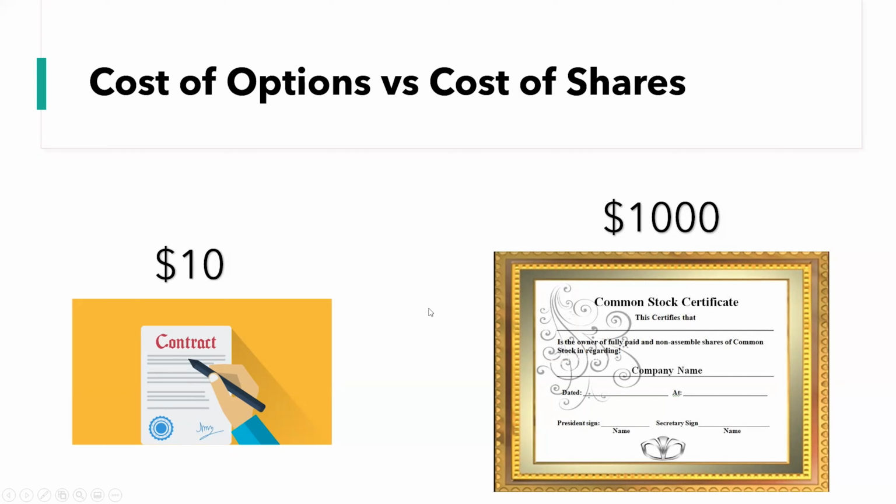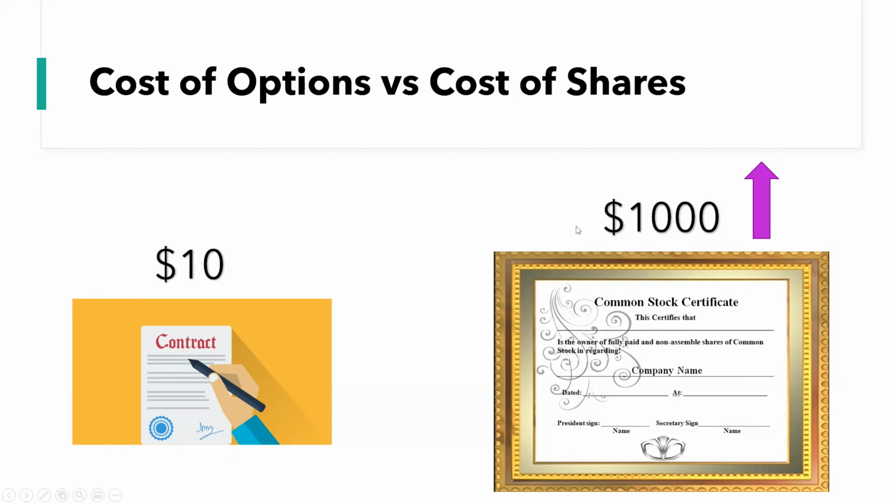So this is the cost you need to pay to control the same number of shares, in some sense. If the share price moves, for example, when you purchase one share at $10, 100 shares is $1,000.